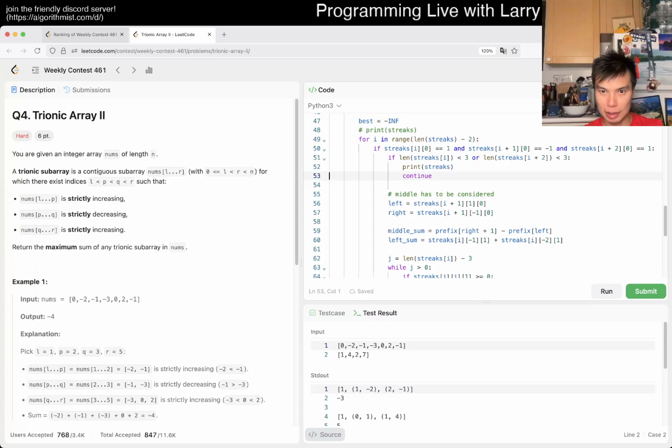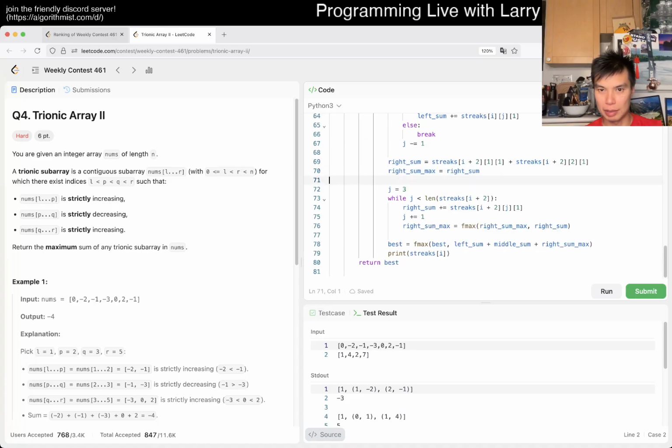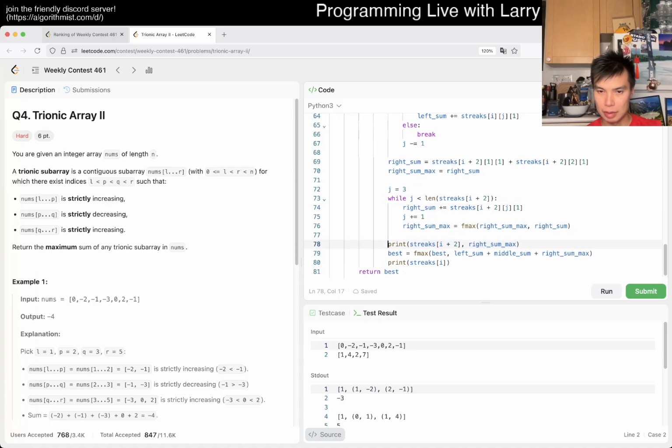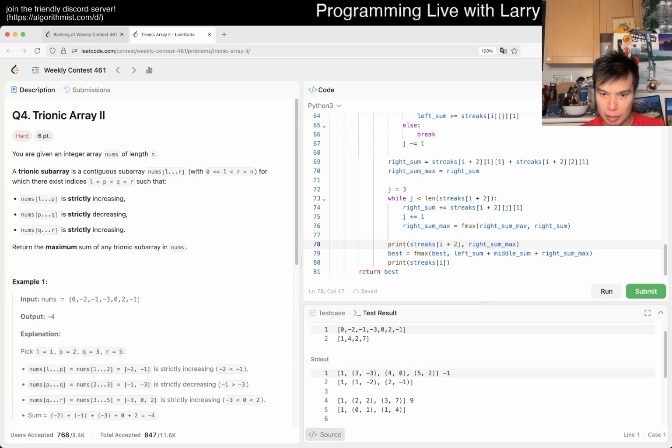Okay, so that means that I can maybe print here. Streaks of I. Left sum is right, but maybe I just need to check right sum really. I guess this is the axis afterwards. Okay, so then you have this.